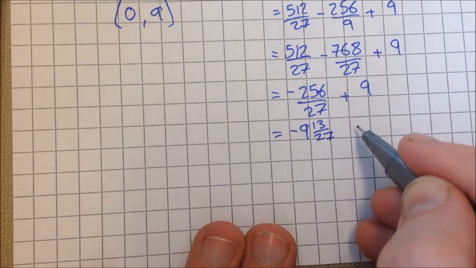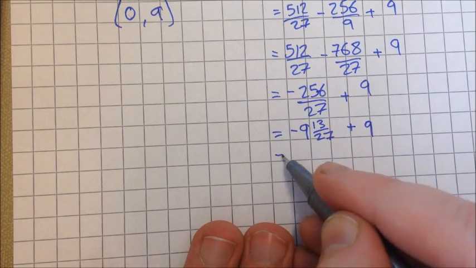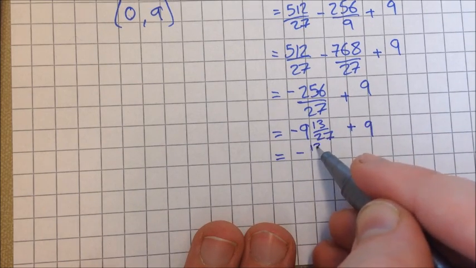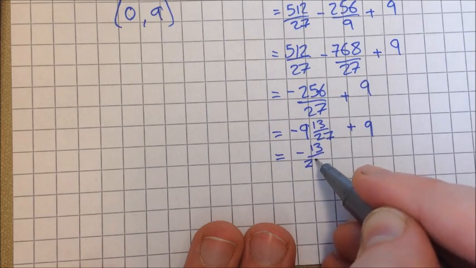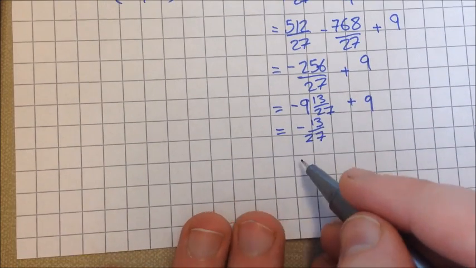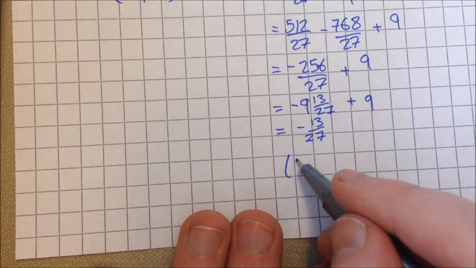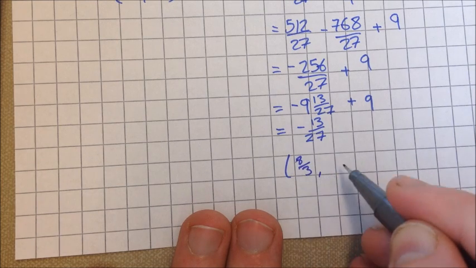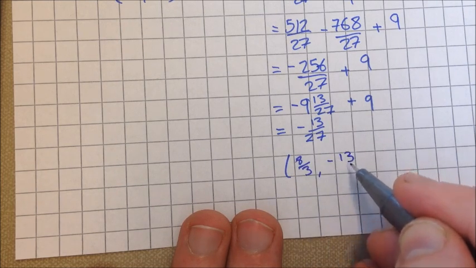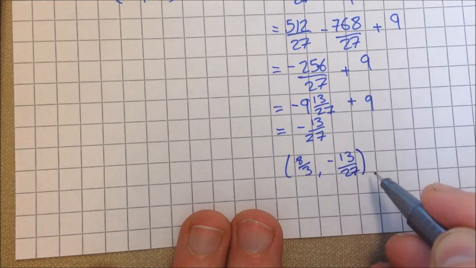Convert that into a mixed number now, and then you've got negative 13 over 27. So your final answer is your x value was 8/3 and your y value is negative 13 over 27.